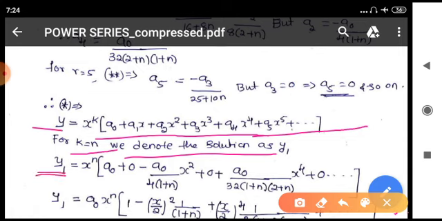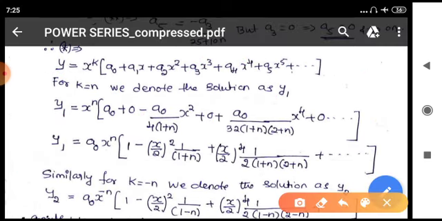So y1 equal to x power n, because k is n, a0 plus a1 is 0, a2 value is minus a0 by 4 times 1 plus n into x square plus a3 is 0 plus a4, a0 divided by 32 times 1 plus n into 2 plus n x power 4, a5 is 0 plus etc.